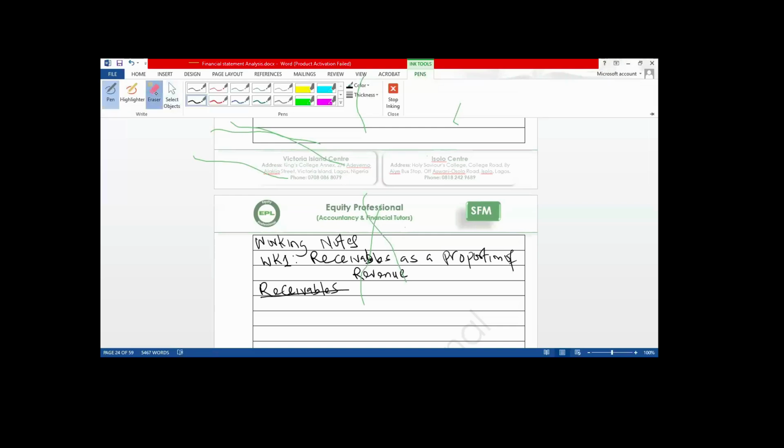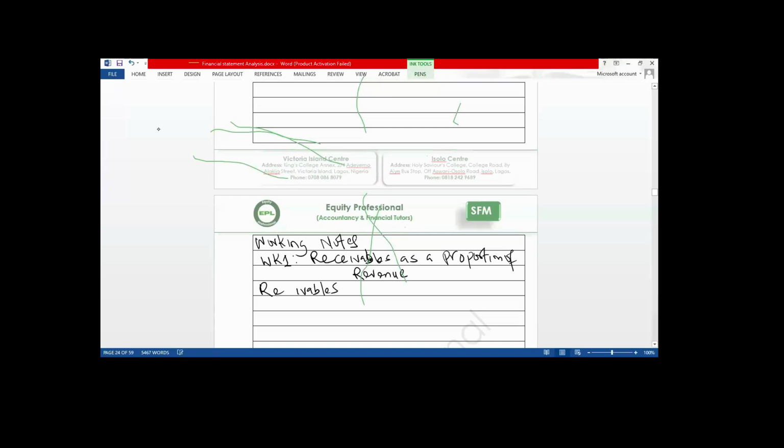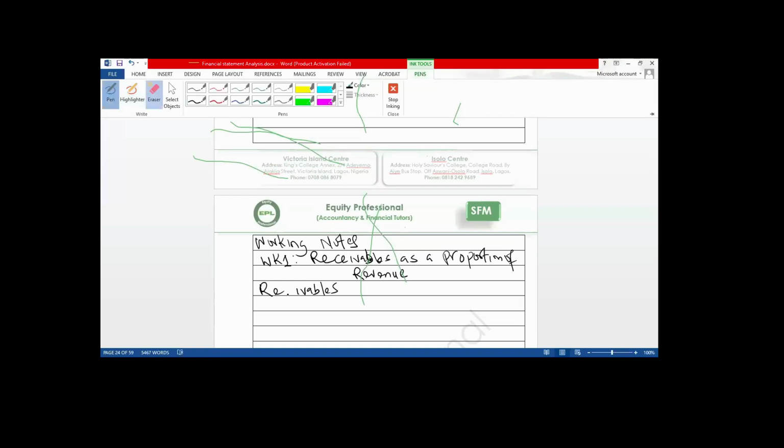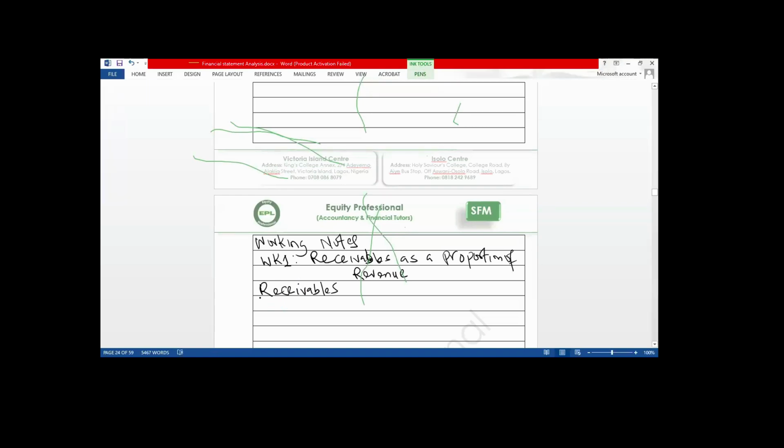Receivables as a proportion of revenue. Receivables divided by your revenue.